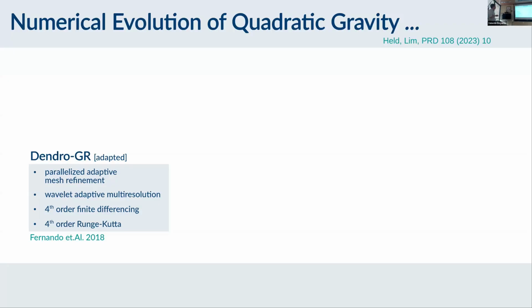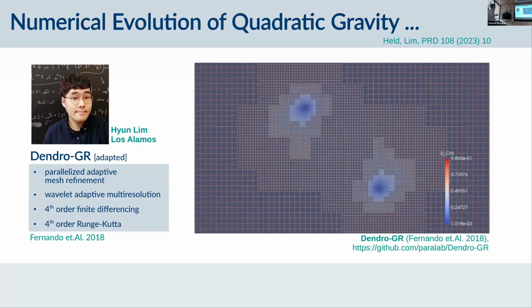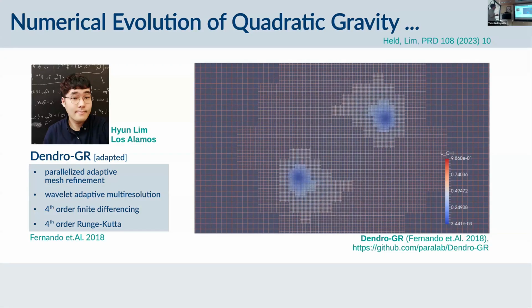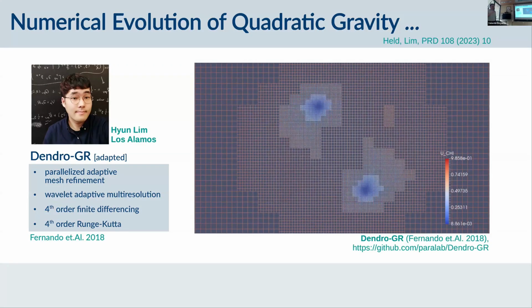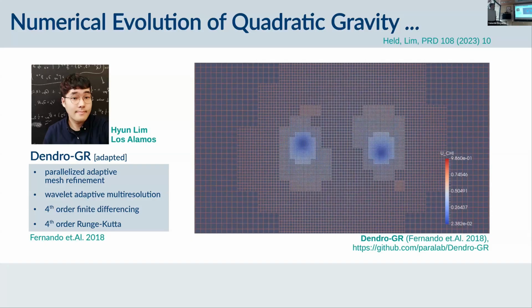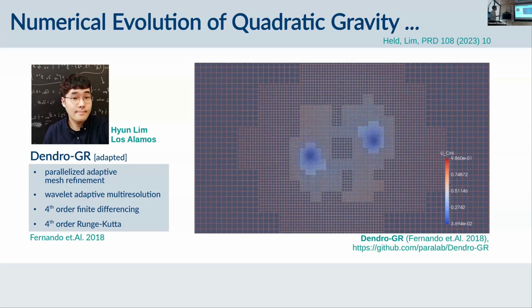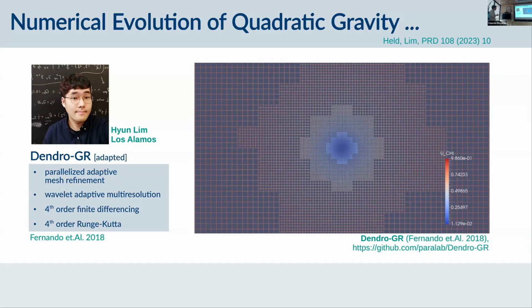This particular code, which Hyun has actually developed, uses a wavelet formulation and is very nicely scalable to a lot of cores. On the right here, you see a simulation. In this case, it's still GR. And we use 4th order finite differencing. That will be important on the next slide. And also 4th order evolution schemes in time.